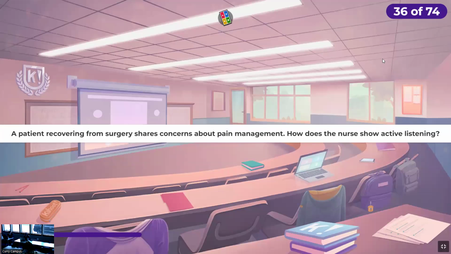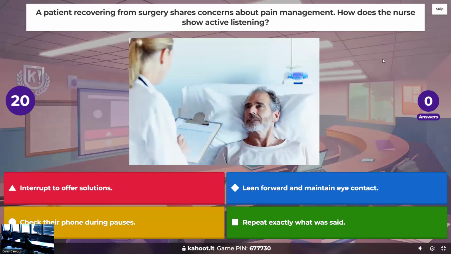A patient recovering from surgery shares concerns about pain management. How does the nurse show active listening? And the yellow is check the phone during pauses.